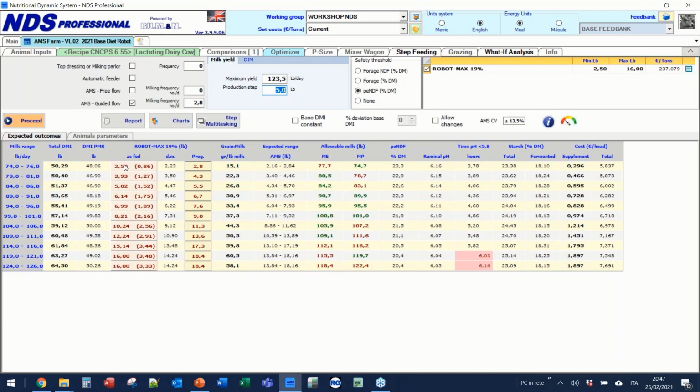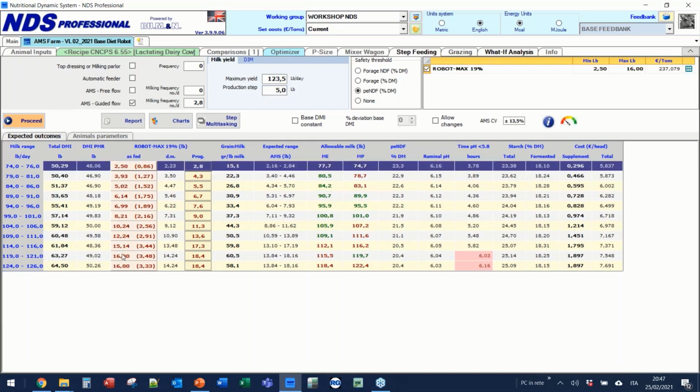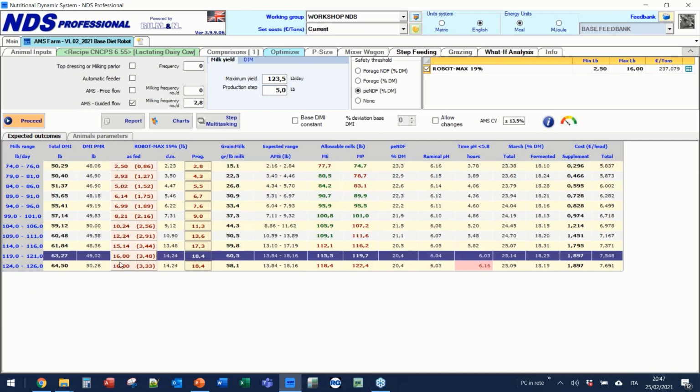The system is suggesting to feed step by step, starting from the minimum until the maximum. And when it reaches the maximum, it continues to maintain it fixed even for the steps forward.